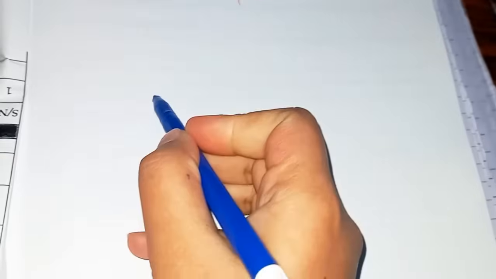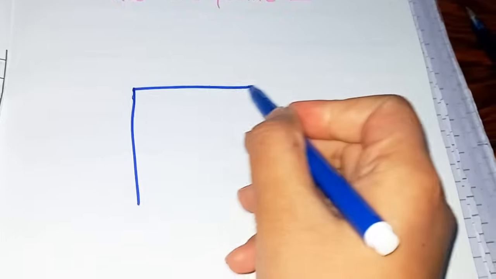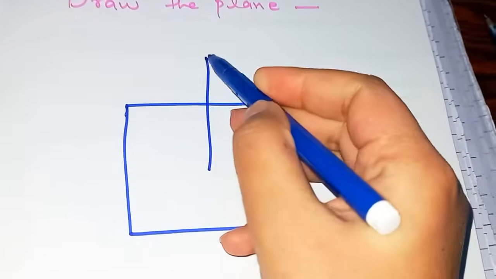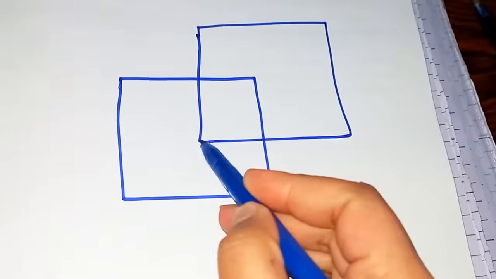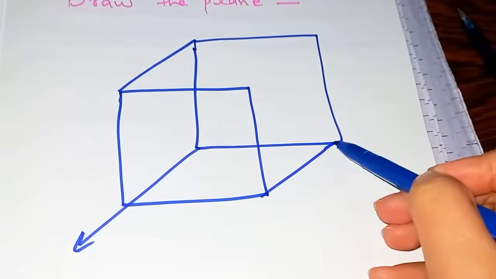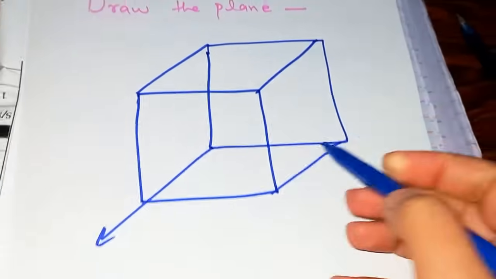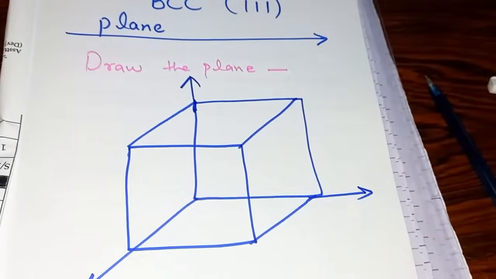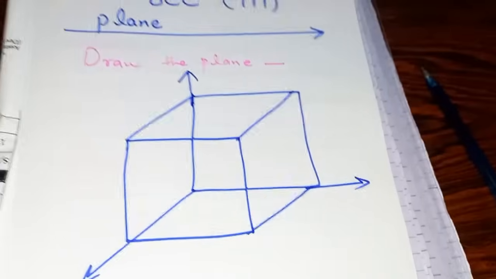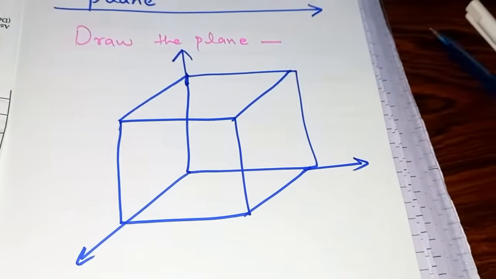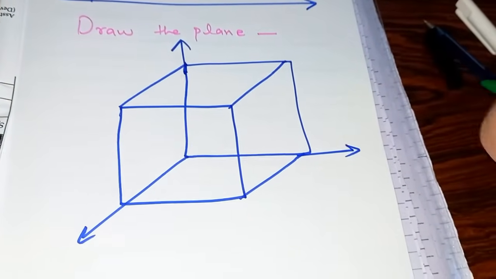Let's start drawing it. We have the first square box, then another square box, and I hope you know how to draw planes when we are given Miller indices. The 111 plane is such a common plane that we just remember how to draw it. It has one as the x-intercept, one as the y-intercept, and one as the z-intercept.